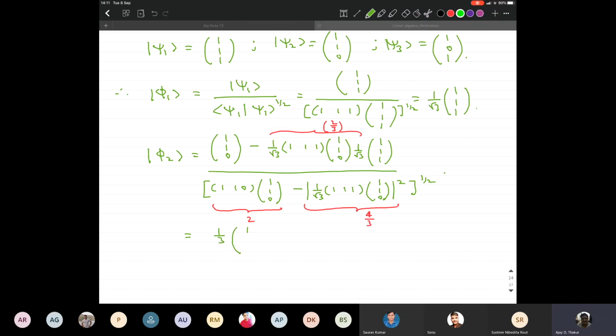This is going to be 1, 1 and minus 2. However, it has to be divided by the quantity in the denominator, which is going to be root over 2 by 3. Right. So it's better to place the equality sign somewhere around here. So this essentially leads us to a number which looks like 1 over root 6 of 1, 1 minus 2.